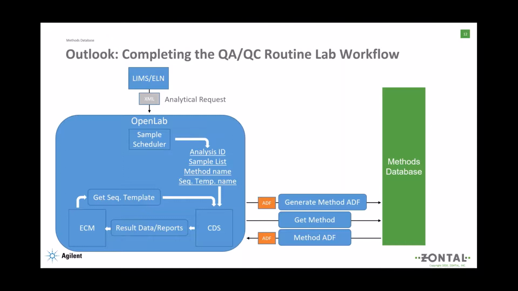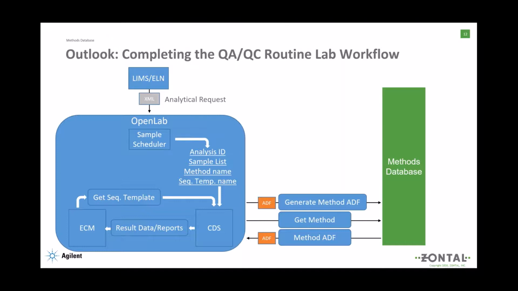The CDS is performing the analysis, generating the result data and the reports, and sending these, for example, to an ECM. And so then the loop is closed, you have everything done, and methods are kept separated, vendor agnostic in the methods database, and all the rest is handled over the OpenLab space.